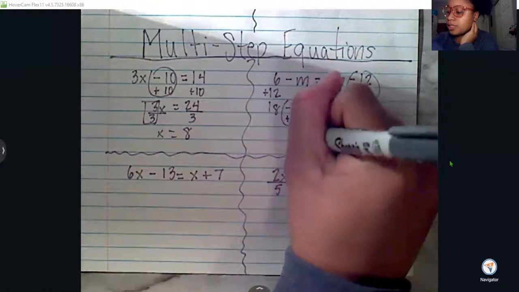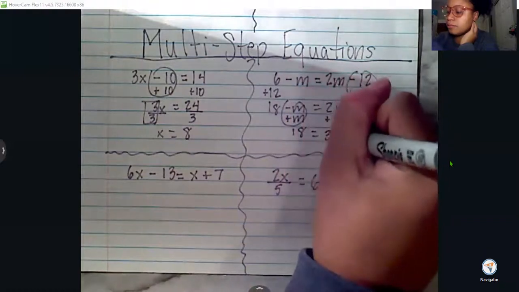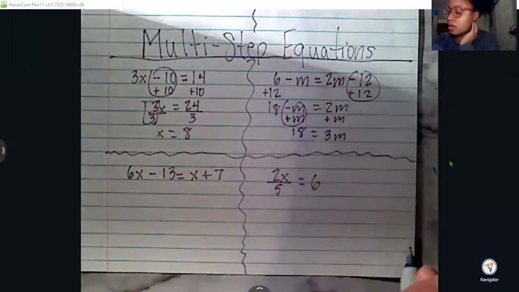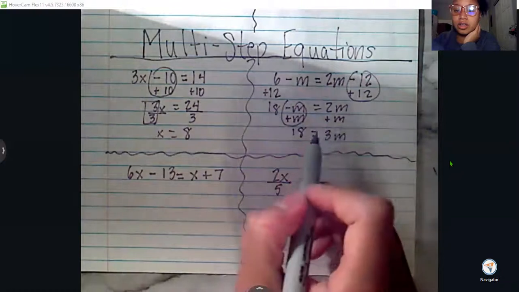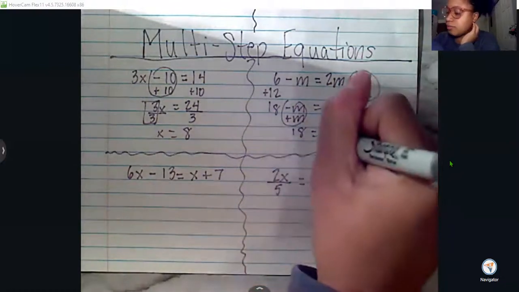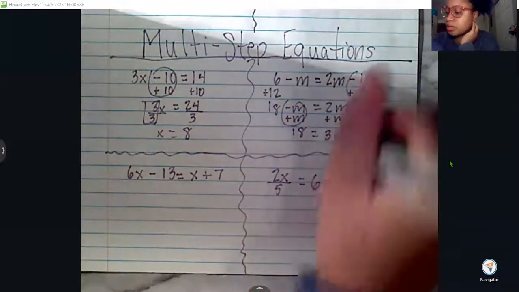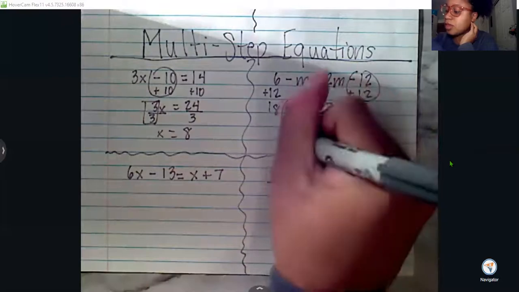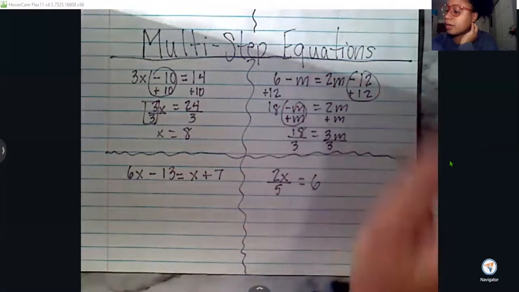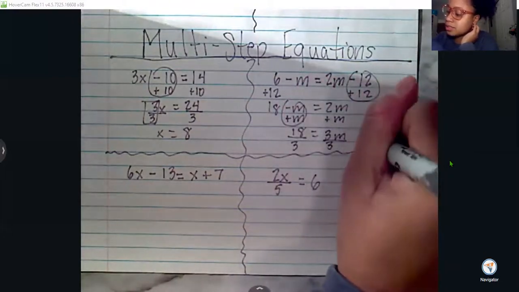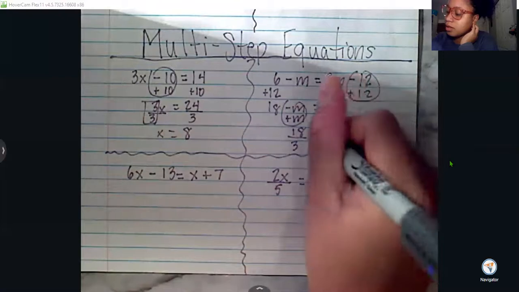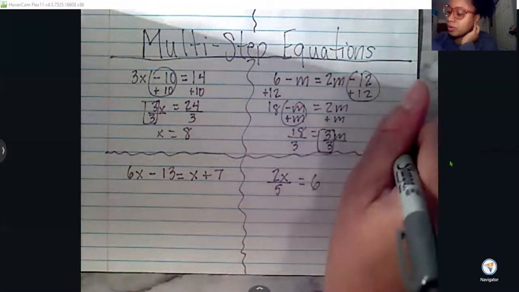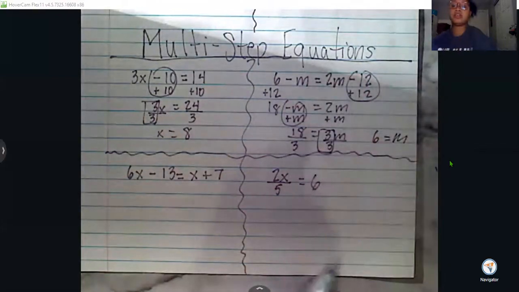So then you're left with 18 equals 3m. And then last bit is to divide by 3 because this is like 3 times m. So we're going to divide 18 divided by 3 equals 6, and 3m over 3 made a giant 1, so you were left with just m. So our answer is 6 equals m.